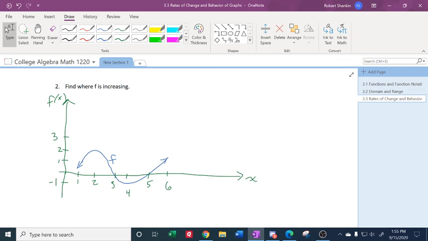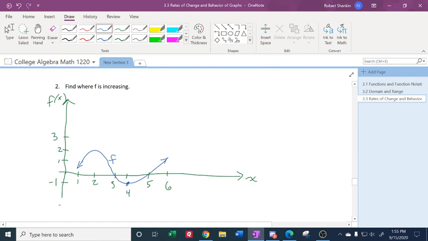Yeah. One of us said at point (4, -1) is where it starts increasing. Ah, it starts increasing down here. Yep. Is that the only place it's increasing? And at like 1 and then maybe like 0.5.